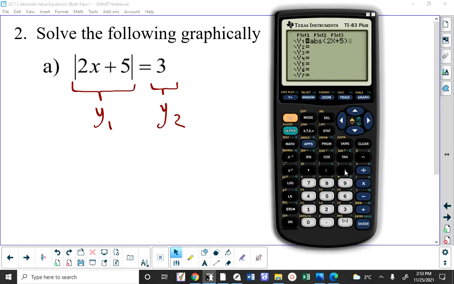Let's just, for kicks, take a look at what this thing looks like. Zoom 6. There it is. We can also graph y equals 5.